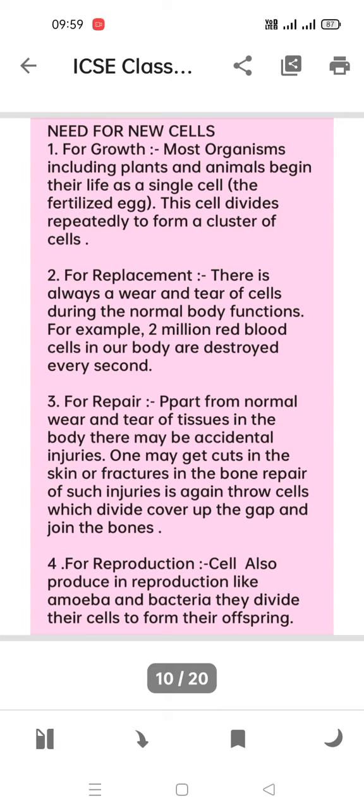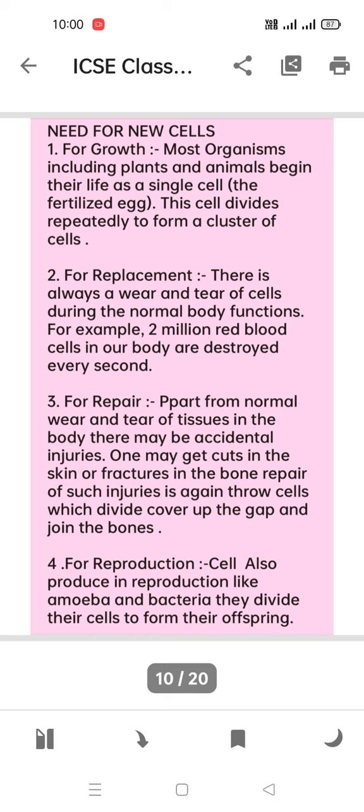For example, 2 million red blood cells in our body are destroyed every second. As I told you, every second 2 million red blood cells are destroyed, and new blood cells are forming. For replacement, they are occupying the old ones' place. Next one, for repair.